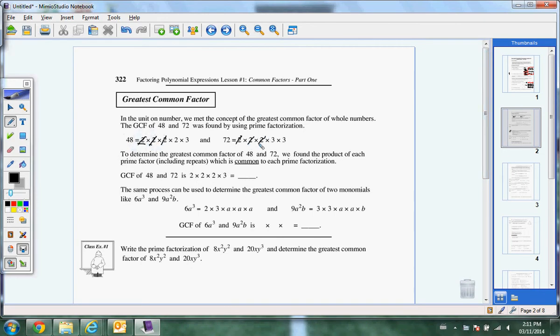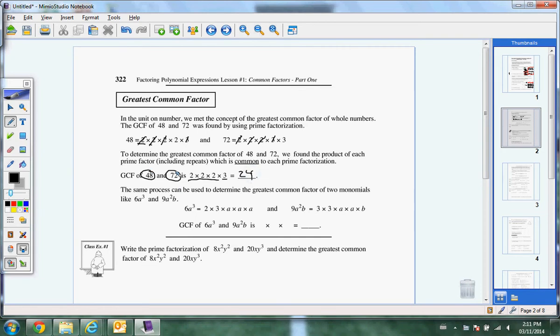They have 3 2's in common, right? And then they have 1 3 in common. So we multiply that together to get the greatest common factor. So 2 times 2 is 4, times 2 is 8, times 3 is 24. So 24 goes into these numbers, and that's the biggest possible number.